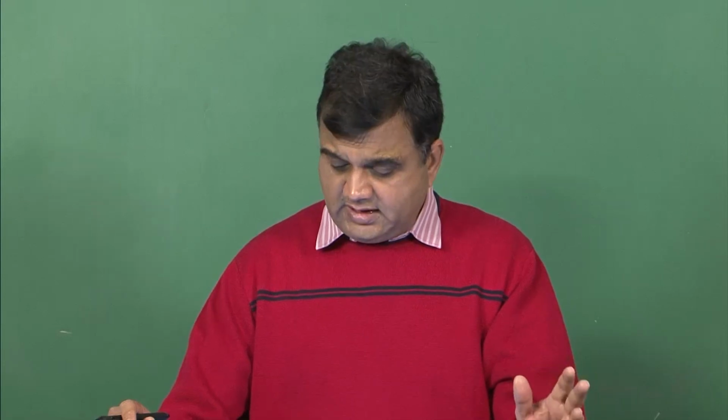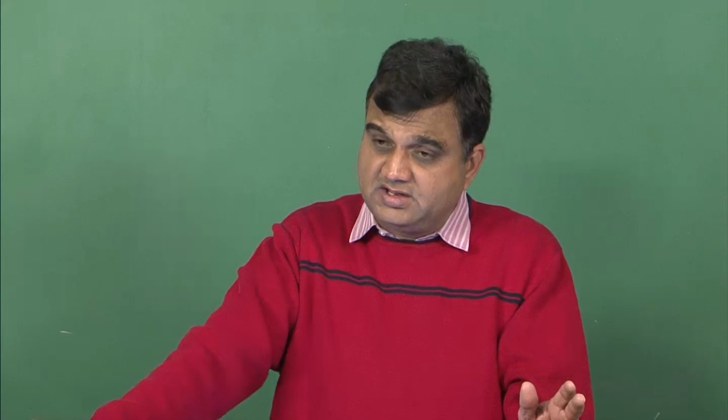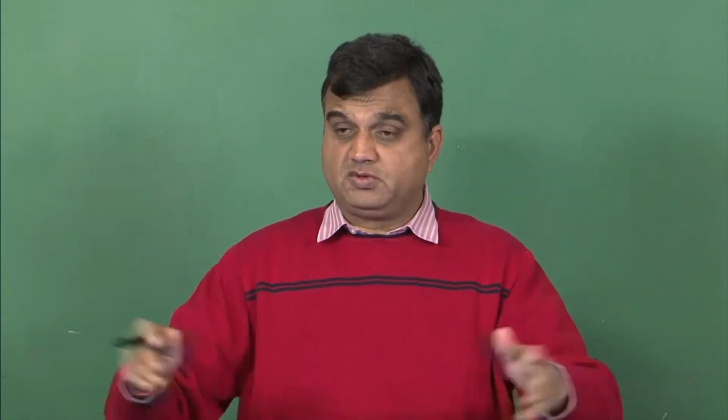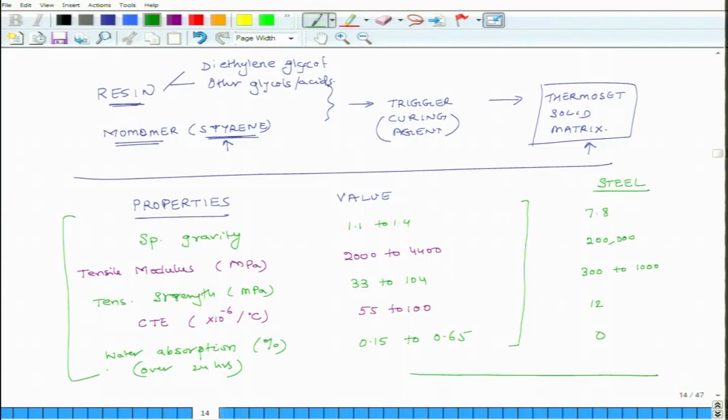Roughly speaking, it is 100 times less stiff than steel, 10 to maybe 30 times weaker than steel, and it expands much more, 4-5 times more than steel. So, this is all about polyester resin.